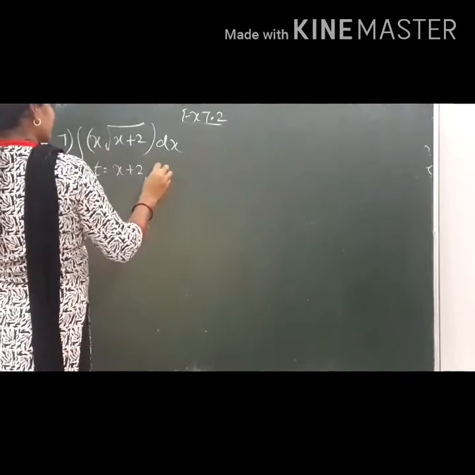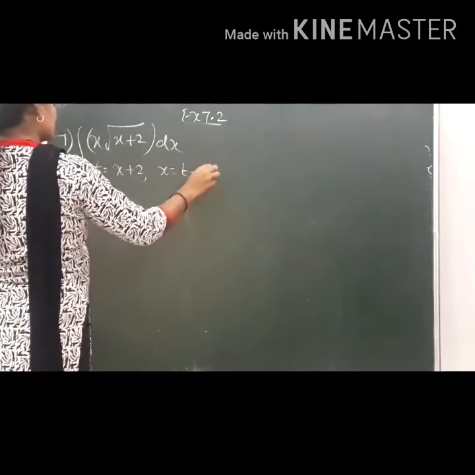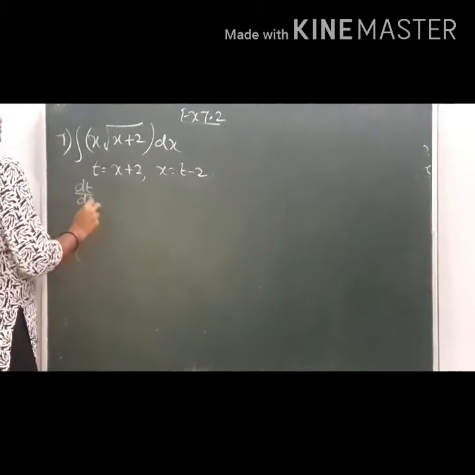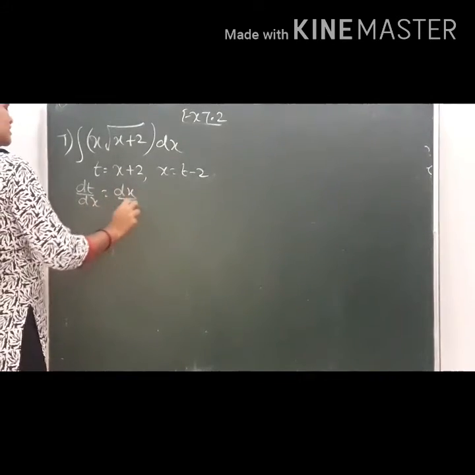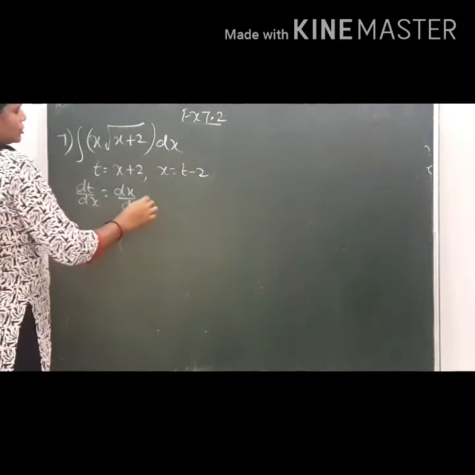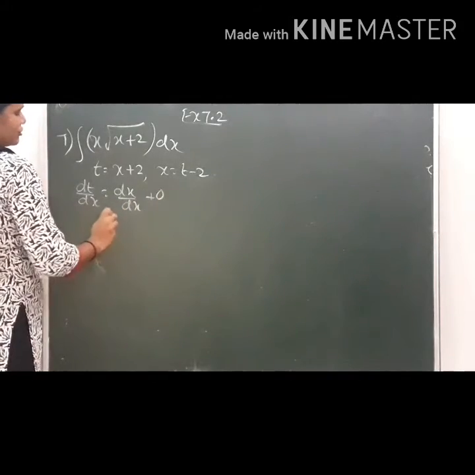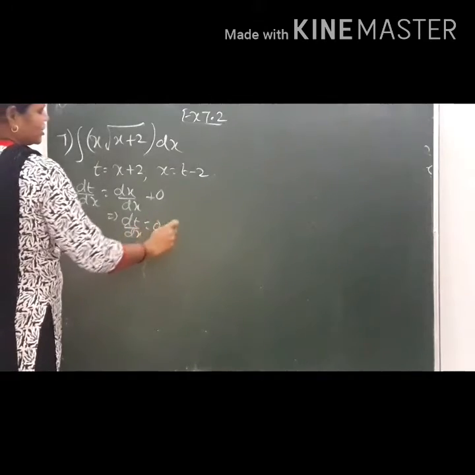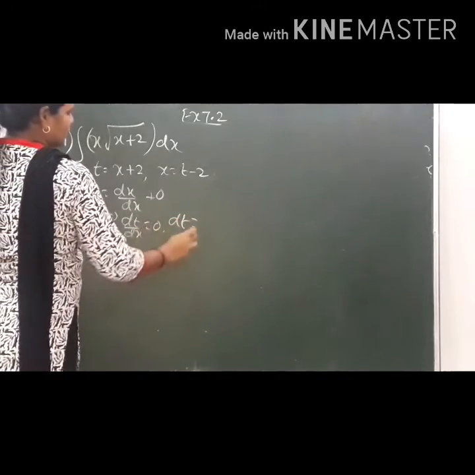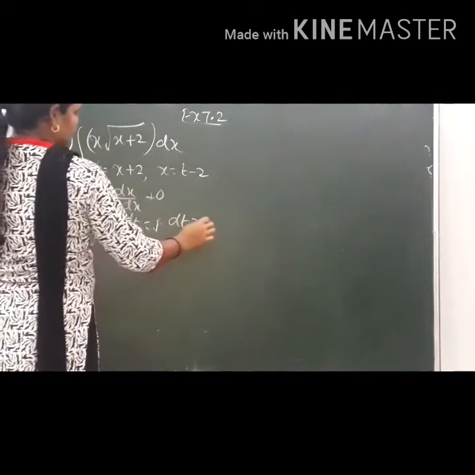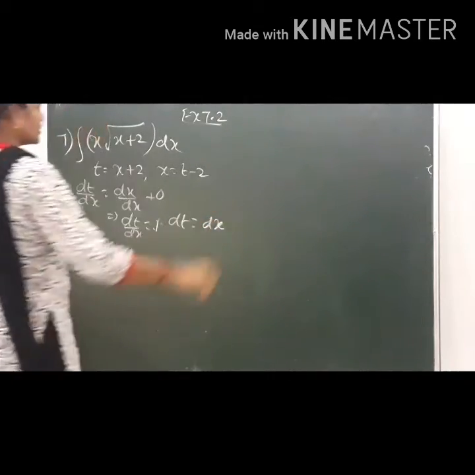So with respect to x, x becomes t minus 2. Differentiating, dt/dx equals dx/dx plus the derivative of 2, which is a constant, so it becomes 0. So dt/dx is equal to 1. So dt is equal to dx.